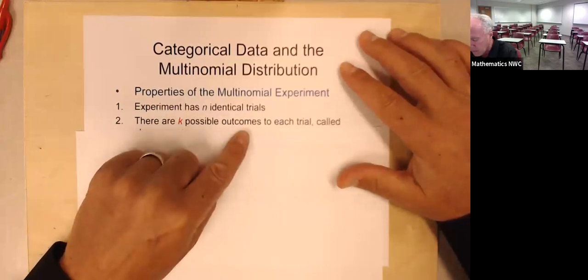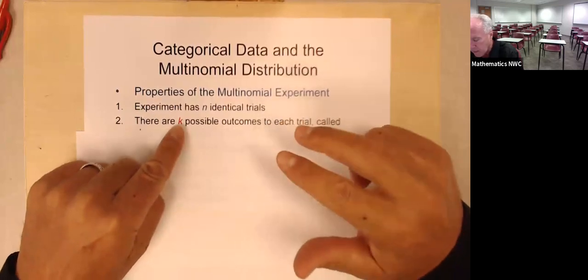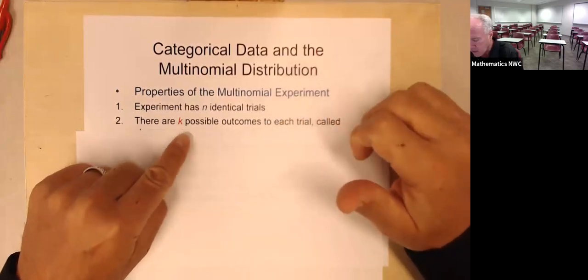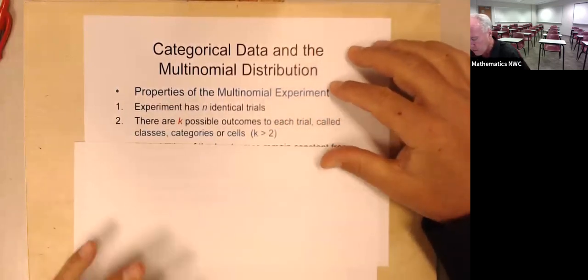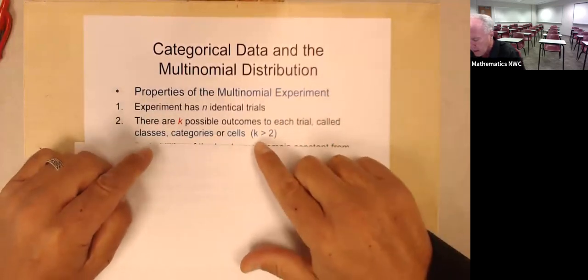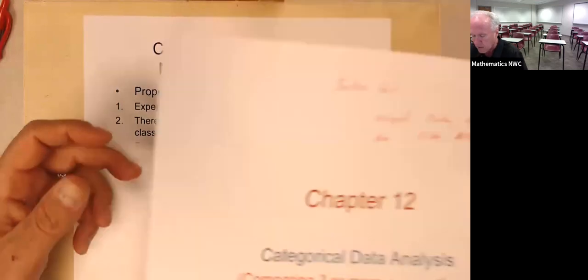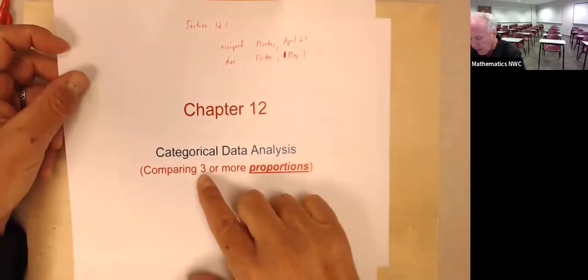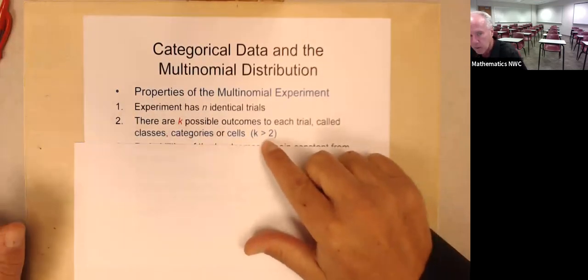If I'm comparing Ford, Chevy, Chrysler, K would be 3. If I'm comparing Ford, Chevy, Chrysler, and Honda, K would be 4. Those are called classes or categories or cells. K must be bigger than 2. That's again because, back to our previous slide, we're comparing 3 or more. So the number of categories must be greater than 2.